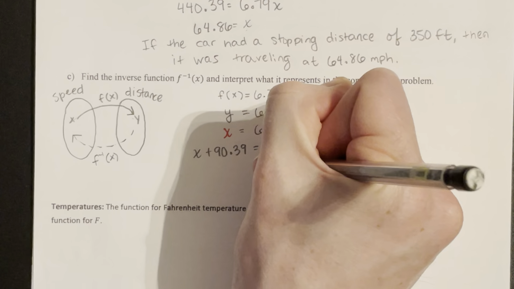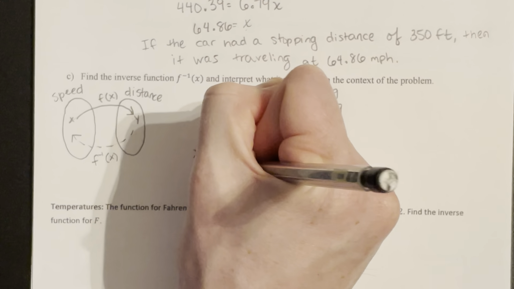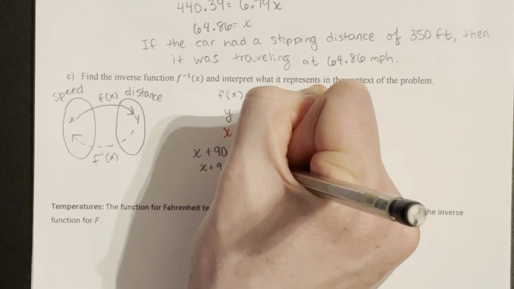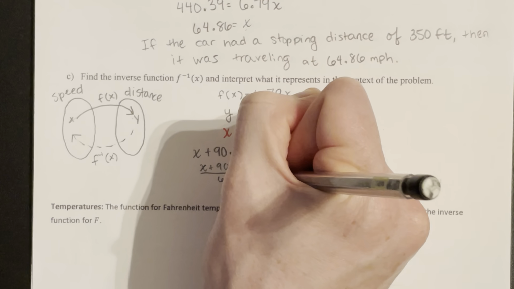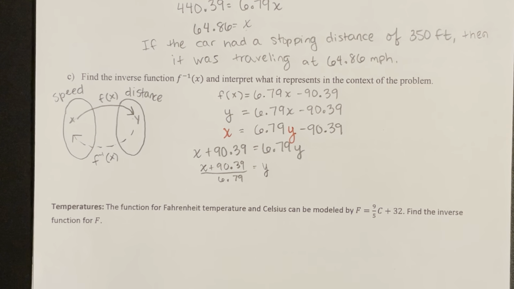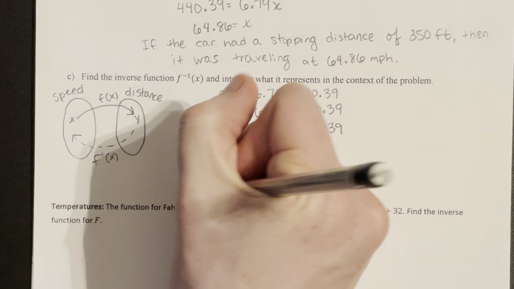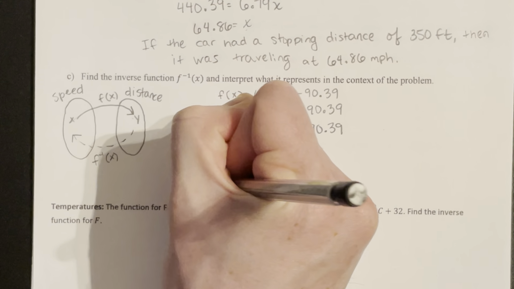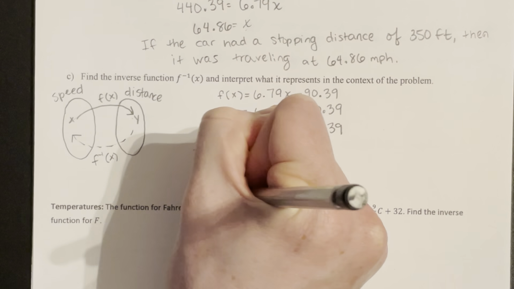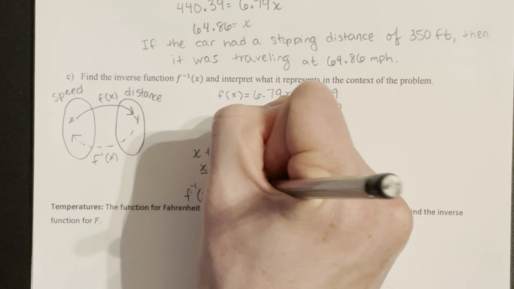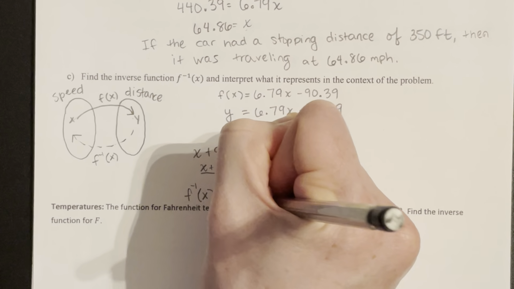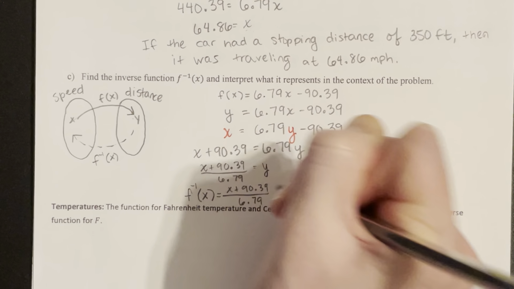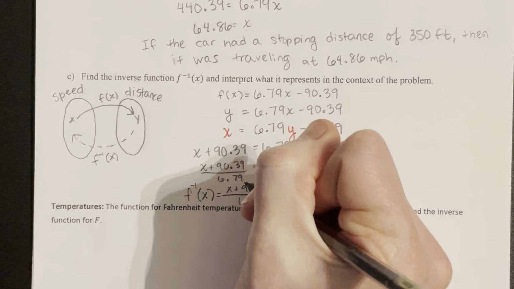Divide again, so y is x plus 90.39 divided by 6.79. And that's our inverse function. So we could write this in inverse notation that says f inverse of x is x plus 90.39 divided by 6.79.